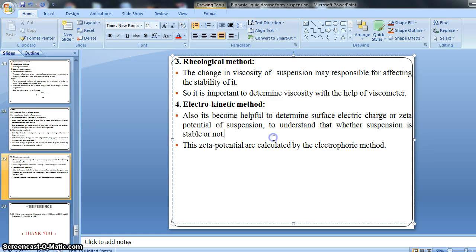The electrophoretic method means, a suspension is made up of fine particles of an insoluble solid material, and the suspension liquid is our vehicle, right?